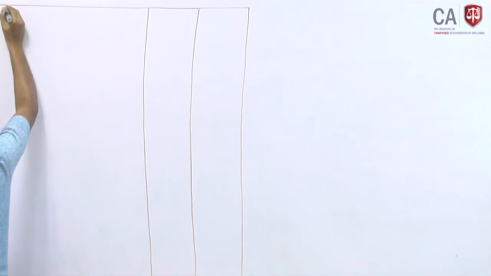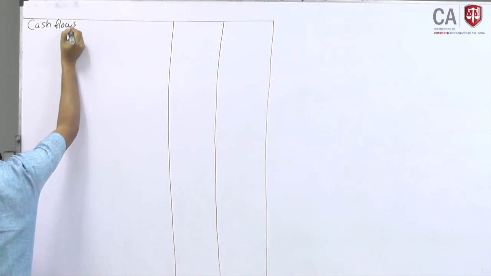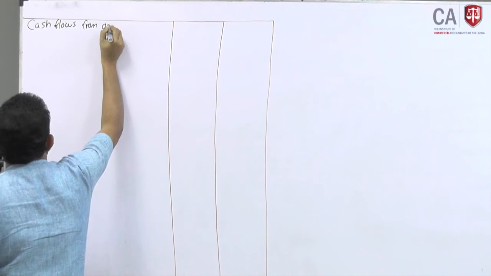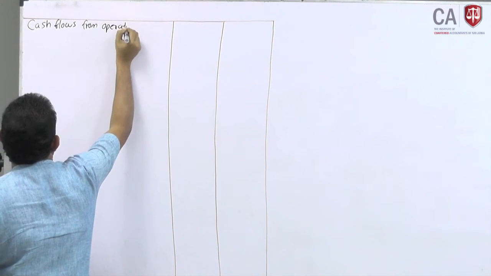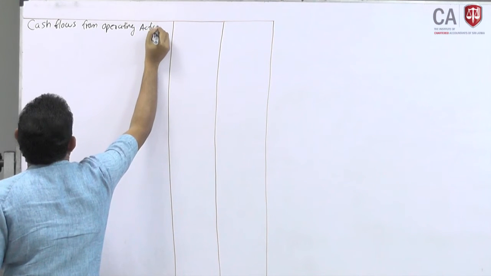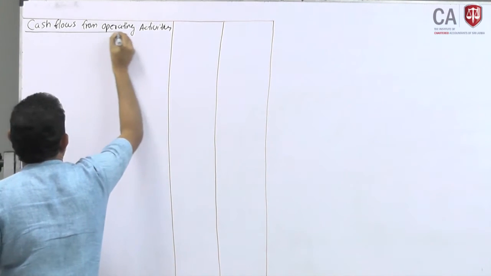Say, cash flows from operating activities.